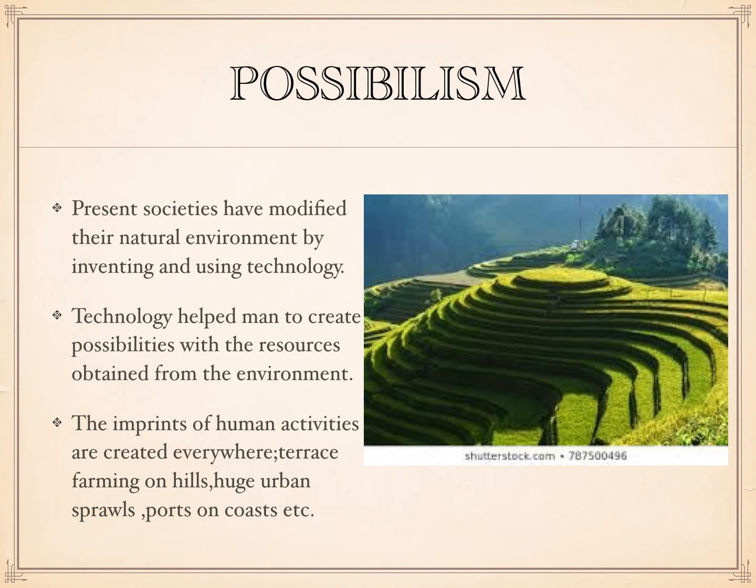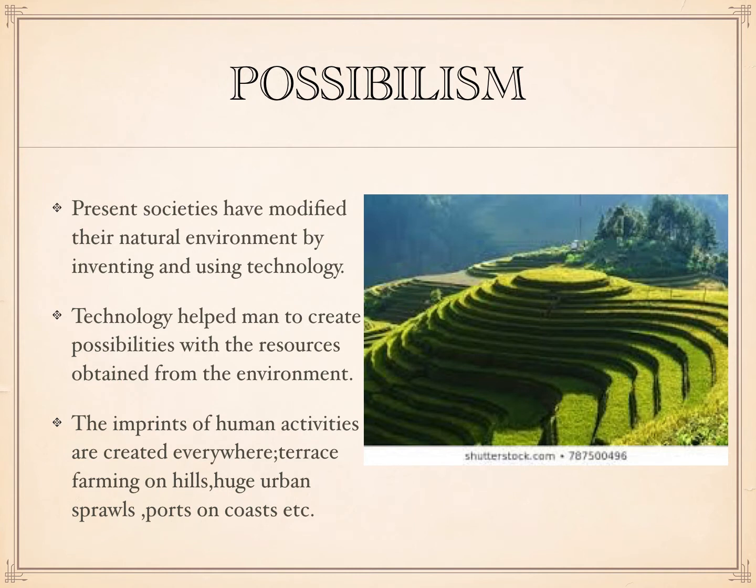Now, the next theory, which explains the relationship between man and environment in a different way, is known as possibilism. The present societies have modified their natural environment by inventing and using technology. Technology helped man to create possibilities with the resources obtained from the environment.